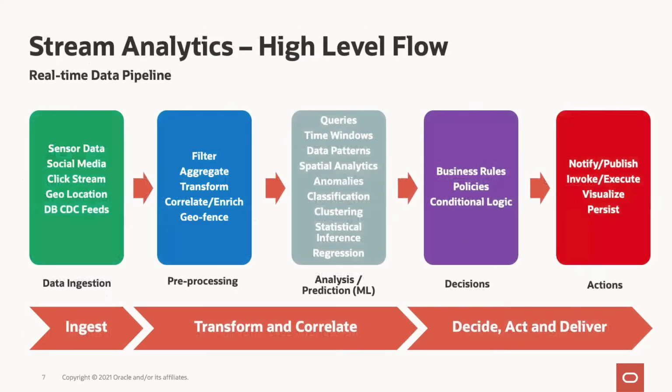So let's see the high-level process of how you create a real-time data pipeline. When you're creating a new data pipeline, there are three main stages, and these three main stages can be considered into 5 sub-stages. The first stage is data ingestion, where you bring in the data from various different sources like sensor data, or social media data, or clickstream data, or even database change data capture data as well.